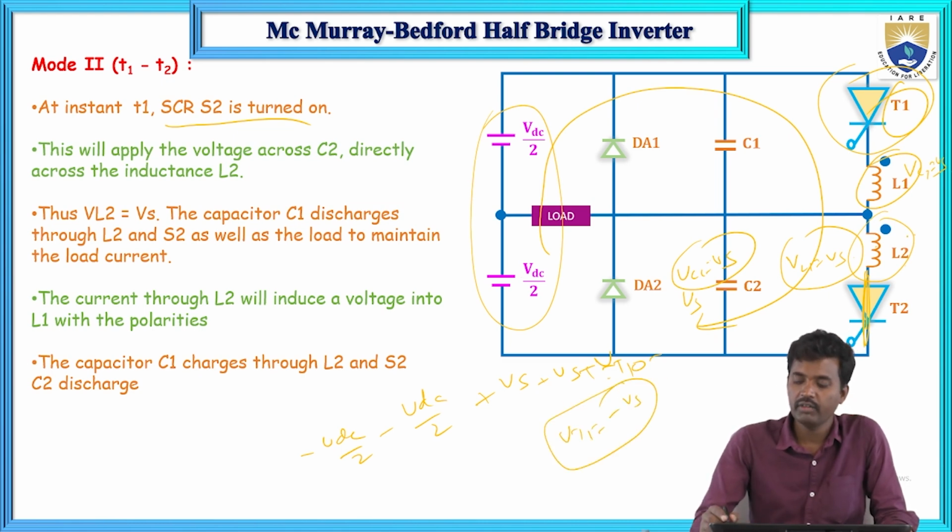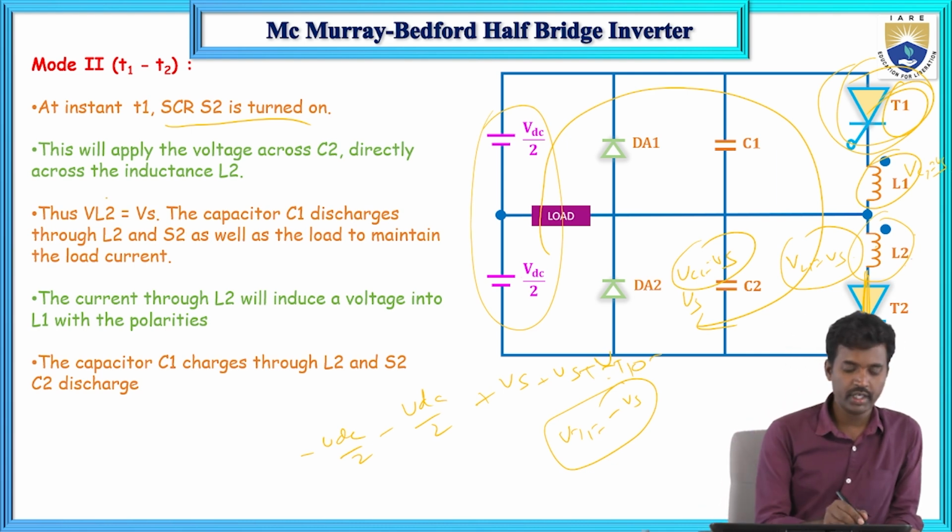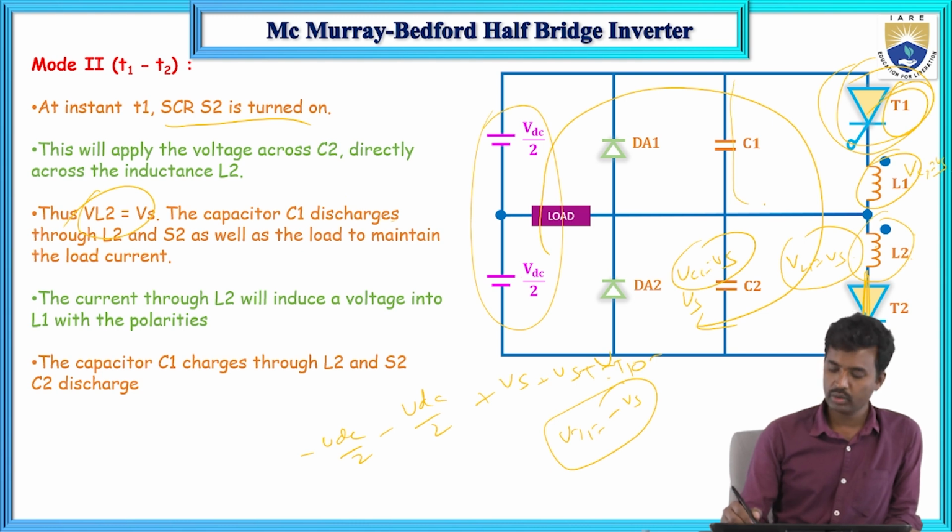Now we are applying the reverse potential. So VL2 equals Vs, and the capacitor C1 is charged through L2 and C2, and to maintain the constant voltage, the voltage across C2 is the same as the voltage across L2.